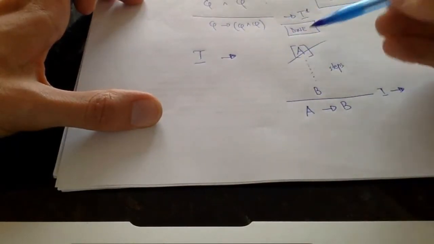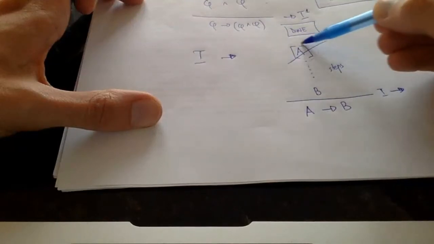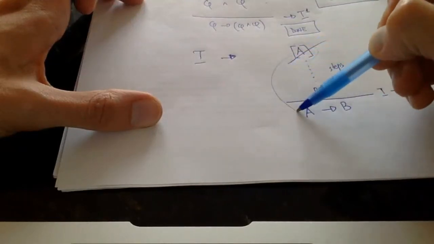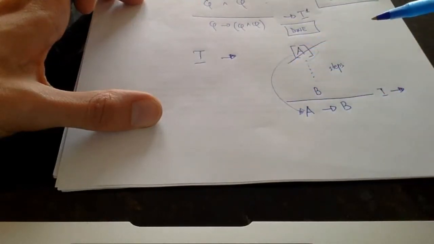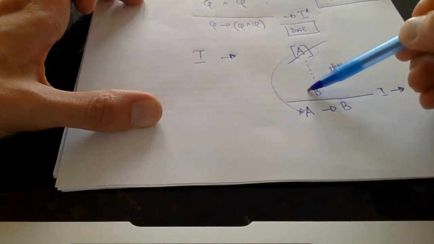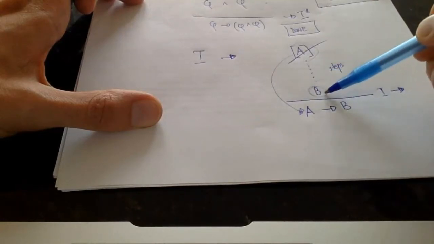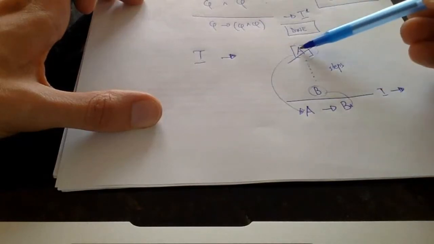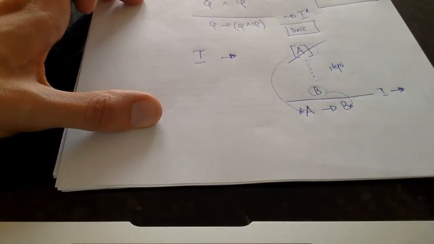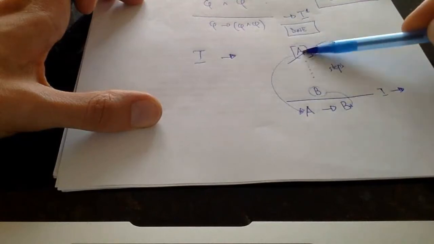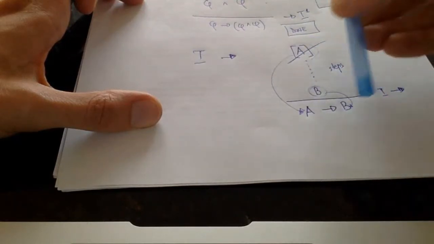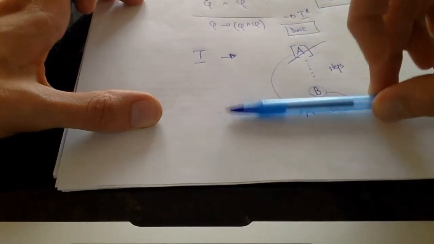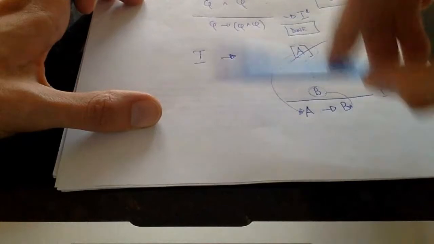So all you're doing here is that you take this assumption right here and you put it as the antecedent of your implication. And then you take what you got here as the consequent of your implication. So essentially the implication introduction makes this relationship between A and B, which in this case is vertical, into a horizontal relationship, but it's the same thing.